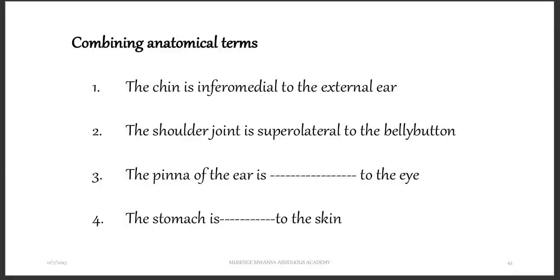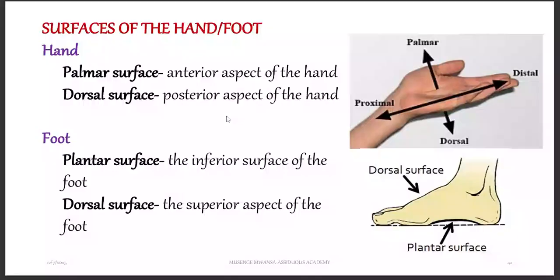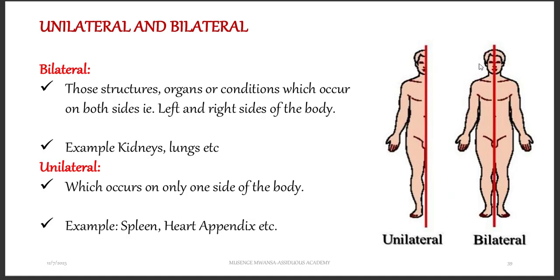So if you can combine terms, we are done with the learning. So now exam questions. I'm giving examples. We can actually combine terms. Look at this. The nose is medial to the ears, isn't it?